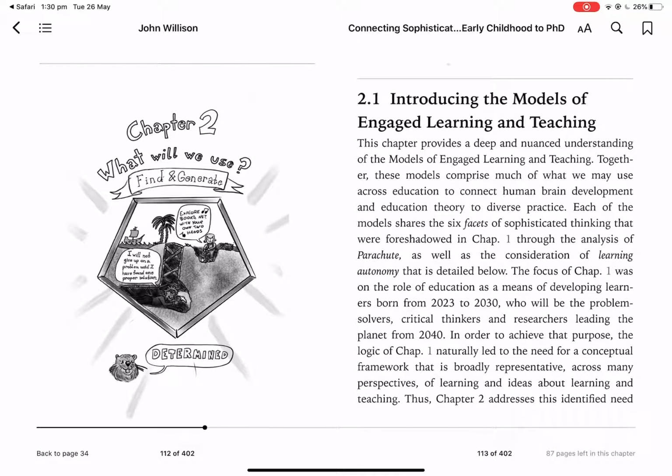So in those 3 different contexts, introducing the 6 different facets of MELT from the perspective of those students. So it's trying to use story and analysis to bring the models to life.